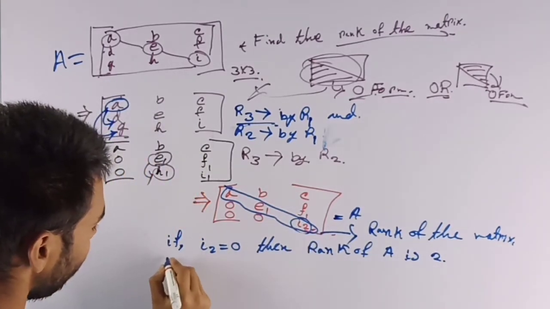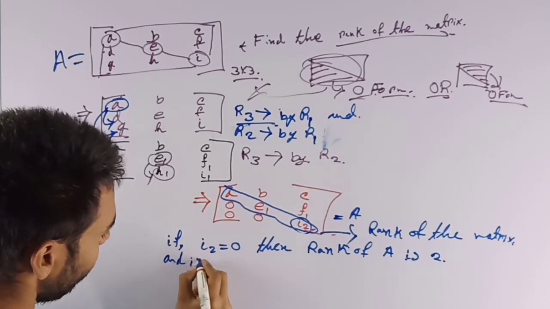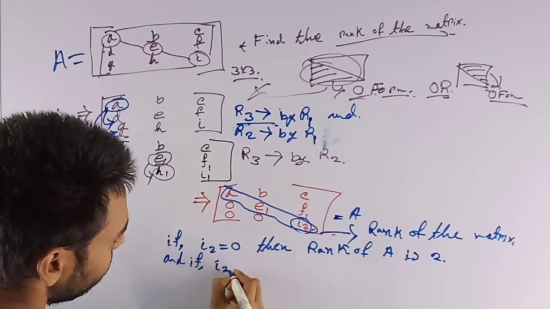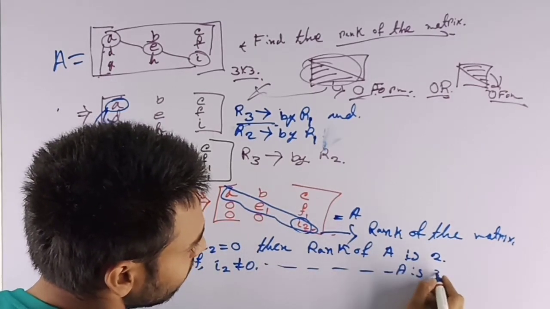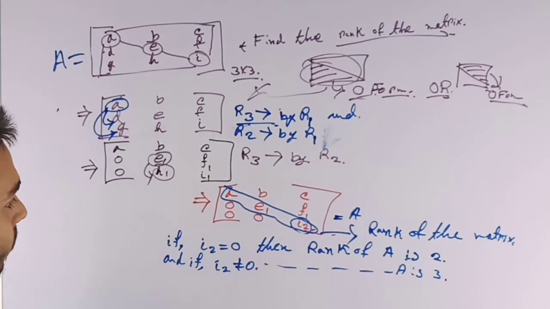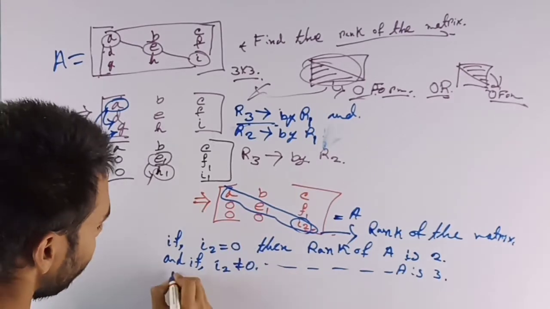That's it. And if i2 is not equal to 0, then the rank of A is 3, as this element is non-zero.